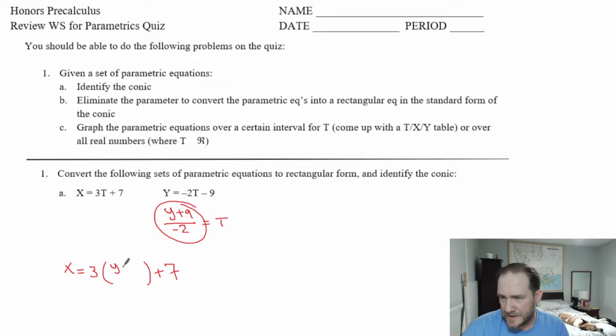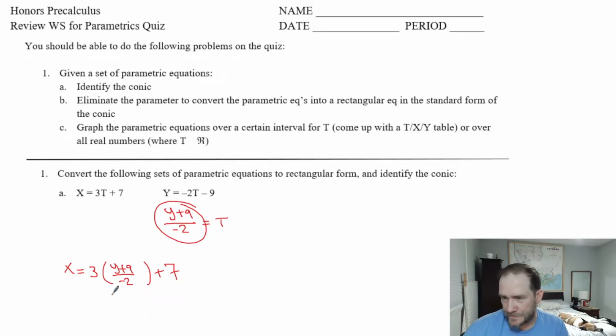And I'm realizing now I probably did this backwards. It definitely would have been simpler to solve the x equation and then plug in over here, because we are getting a line, and for a line we want the whole thing to be solved for y. So I'm going to keep going just to prove a point that of course it doesn't really matter. So okay, let's distribute a 3.